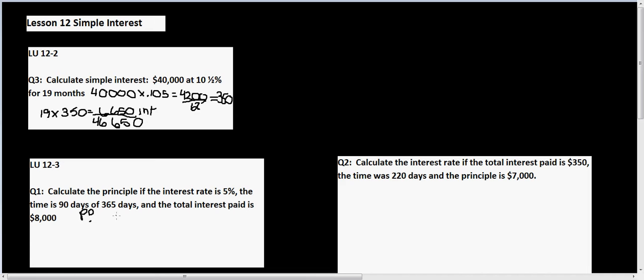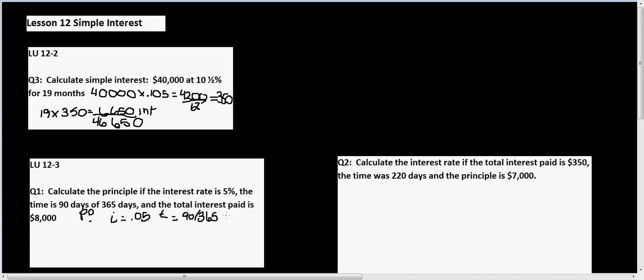We know the interest rate is 5%, or 0.05. We know the time period is 90 out of the 365 days.